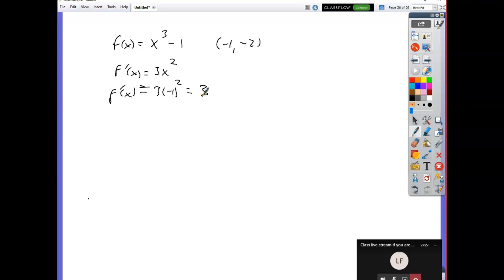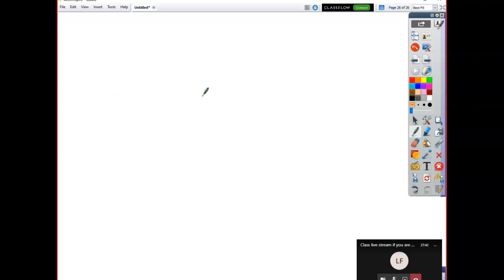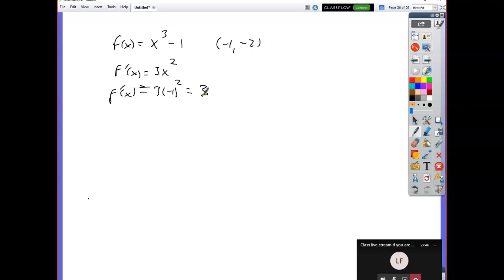I'm confused how you got 3x squared. Well, what do you do when you take the derivative of a polynomial? Well, how do you do that? Well, we spent the last 2 class periods doing something called the power rule.